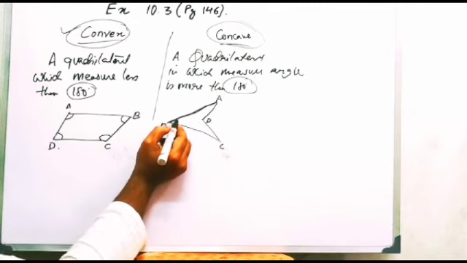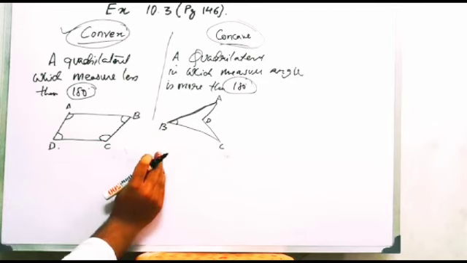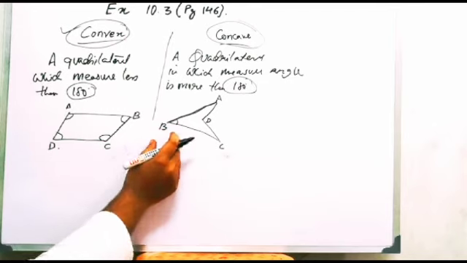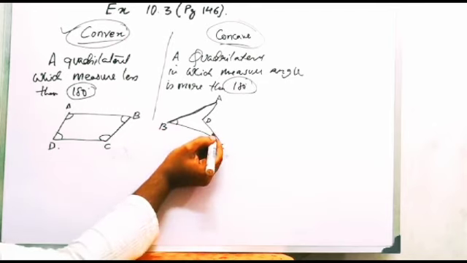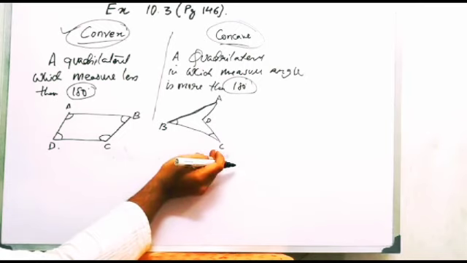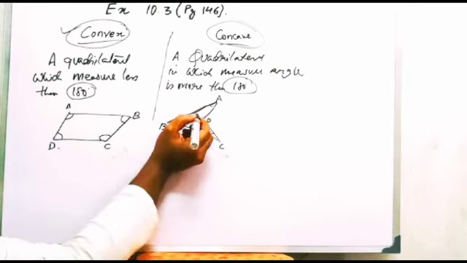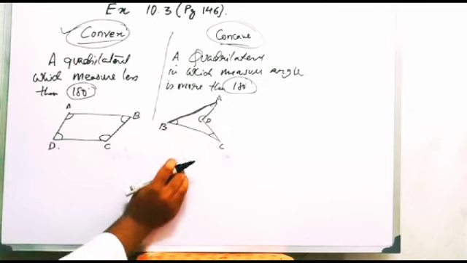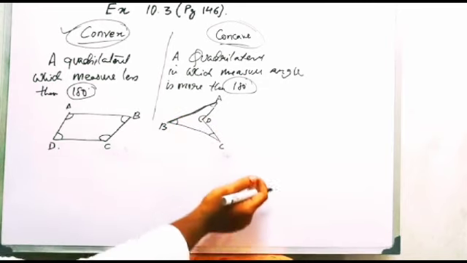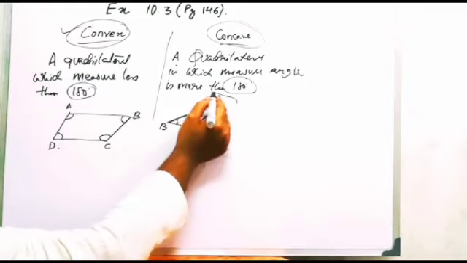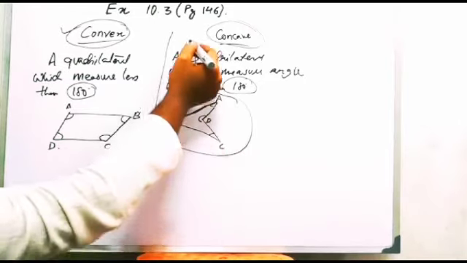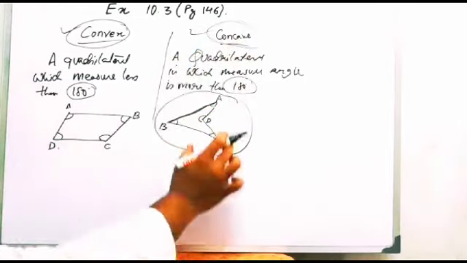If you find this angle is obviously less than 180 degree. If you find this angle is also less than 180 degree. If you find this angle is also less than 180 degree. But this angle is more than 180 degree. That's why this kind of figure is called a concave figure. Okay.